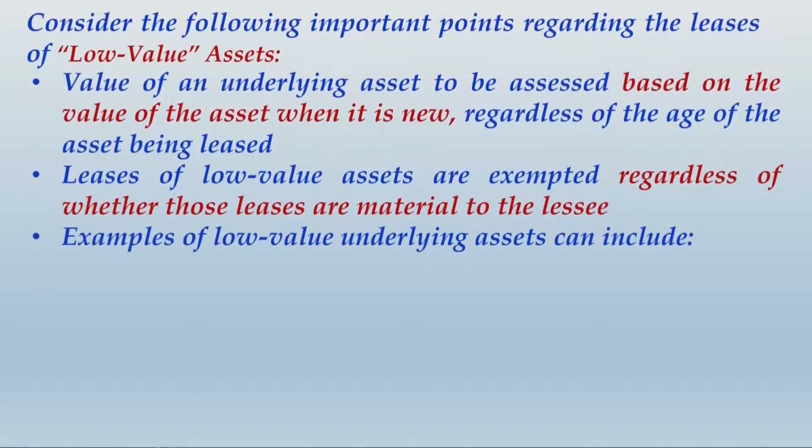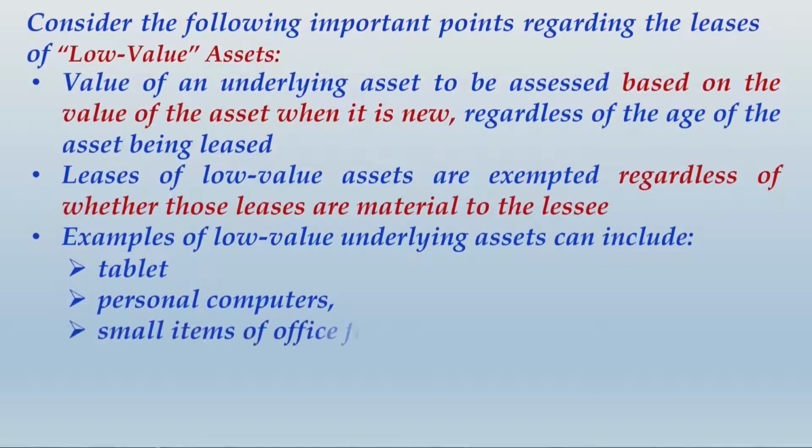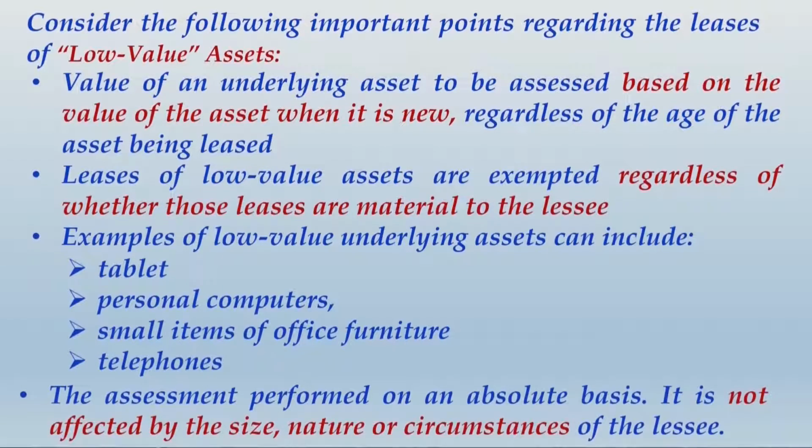Examples of low value underlying assets can include tablets, personal computers, small items of office furniture, telephones. And finally, the assessment is performed on an absolute basis; it is not affected by the size, nature or circumstances of the lessee. So friends, please note down these points as well, and then we shall move ahead.